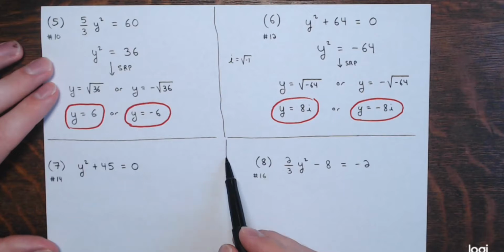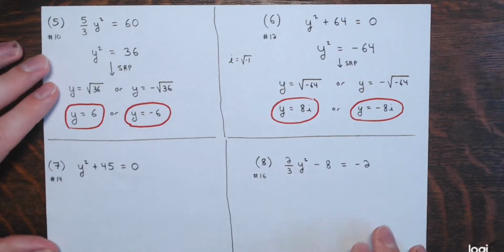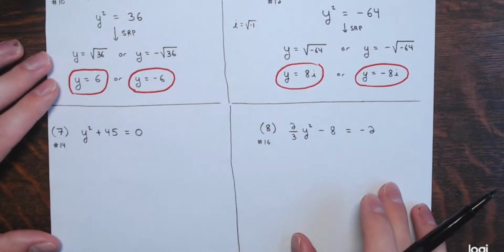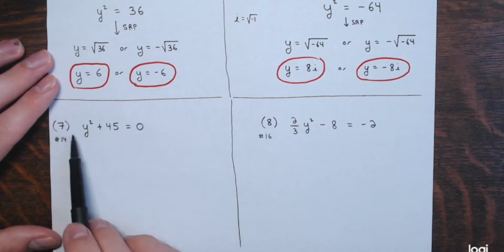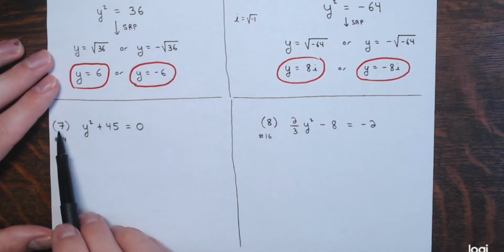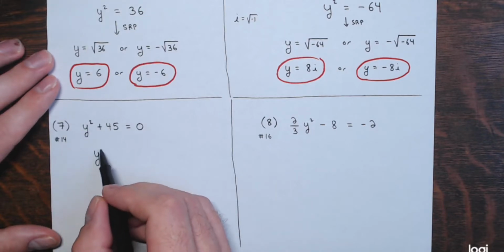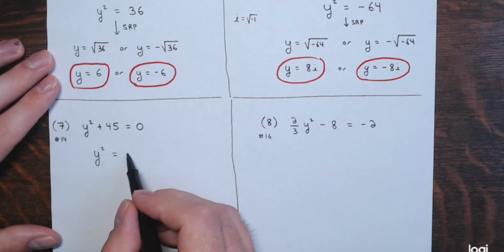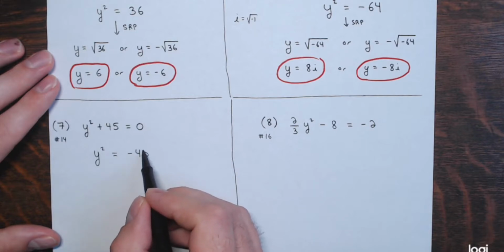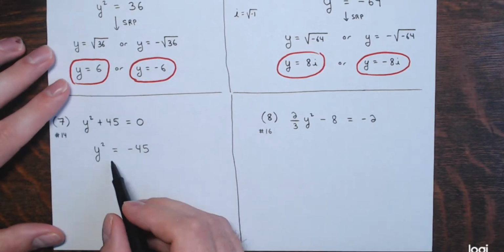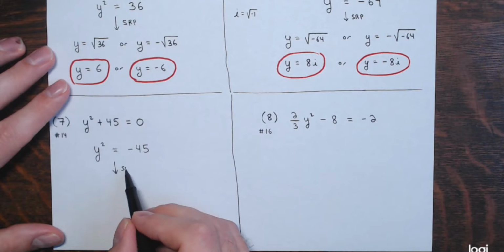Then question 7. Very similar to 6. It's exercise 14 from the text. Get the square alone. So y squared equals negative 45. And then I'm applying the square root property.